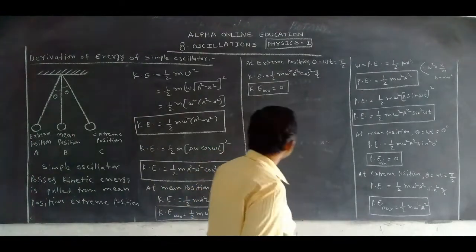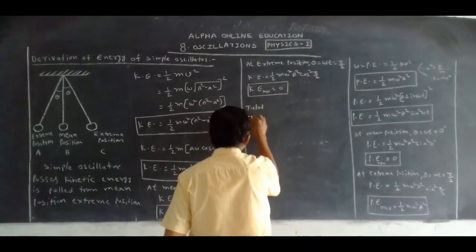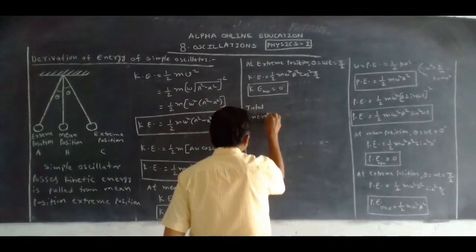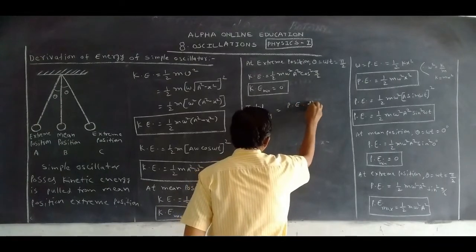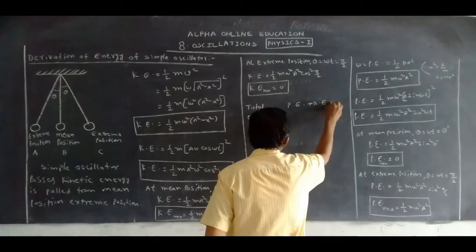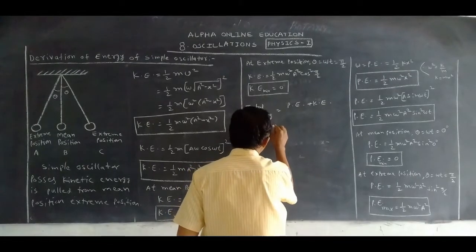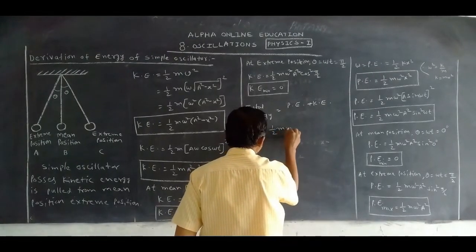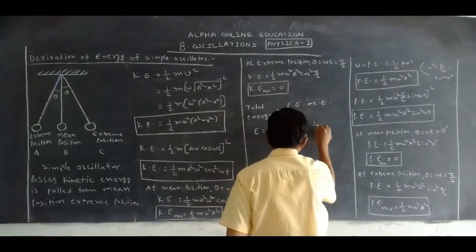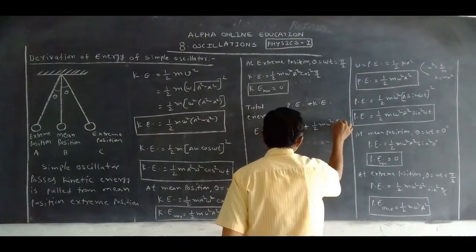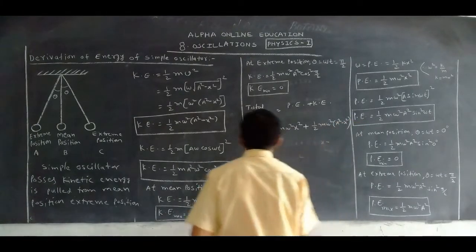Now, total energy is equal to potential energy plus kinetic energy. Total energy E. Potential energy formula half m omega square x square. Kinetic energy half m omega square a square minus x square.